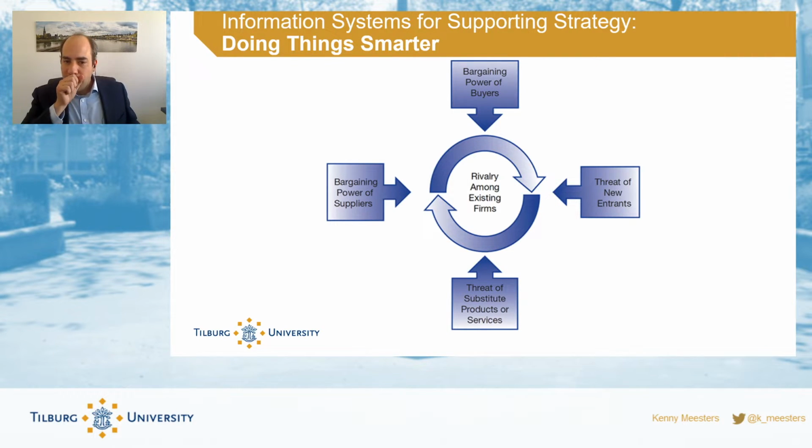So the next part is about the niche market. So how can you do things smarter than your competitors? Well, you might know the 5 forces model from Porter, which is already from 1979, but it's still widely used today. So if you look at the market, there are all kinds of forces acting on it.